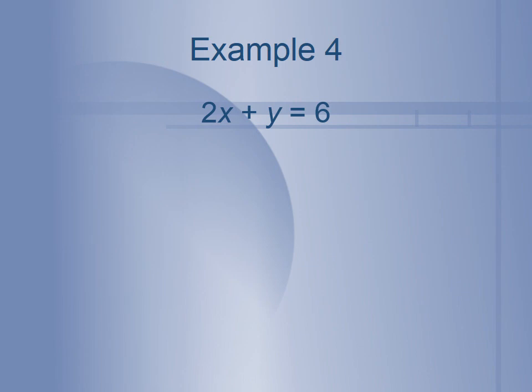So let's say we have this linear function, 2x plus y equals 6, okay? If we wanted to find our intercepts normally using the graph, we would have to solve for y, pick some x values, find the ordered pairs, plot them, connect the graph, and then see where they're crossing the x-axis and the y-axis.